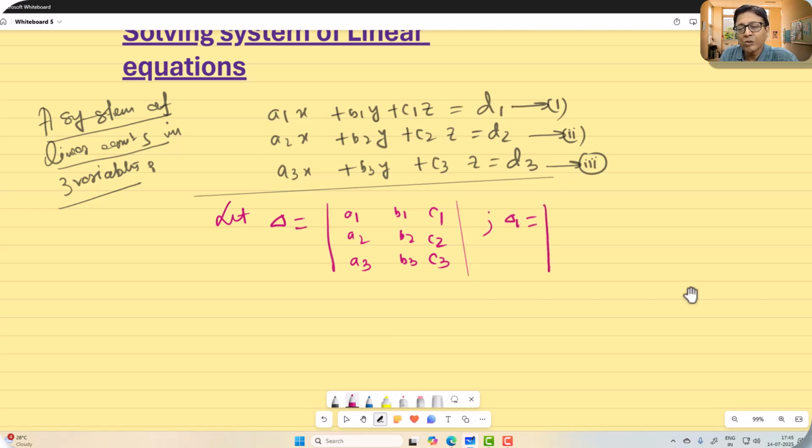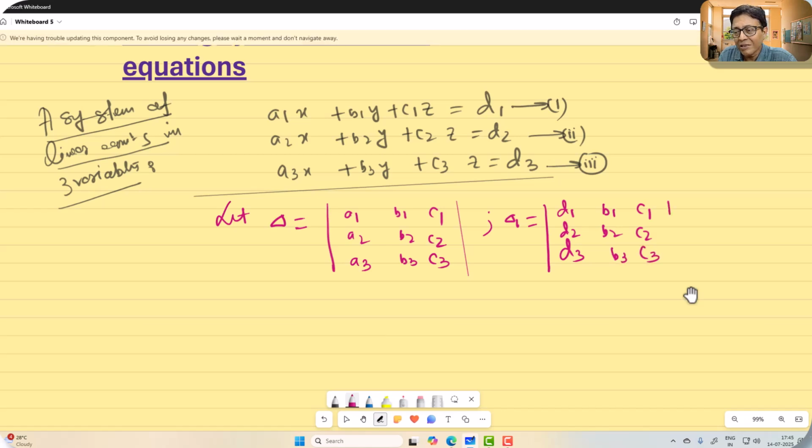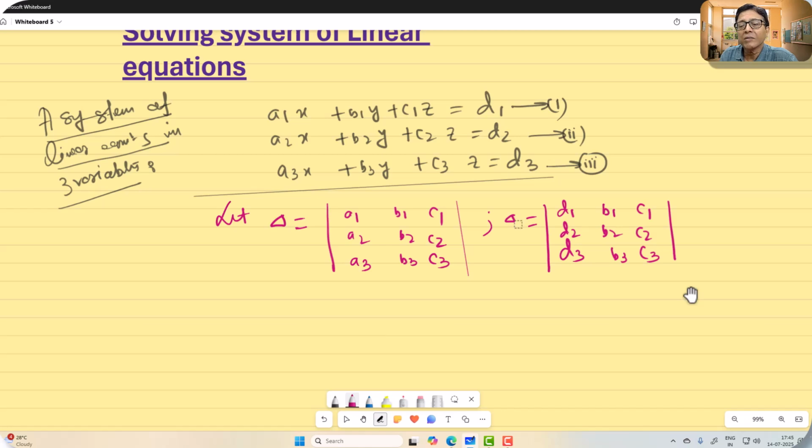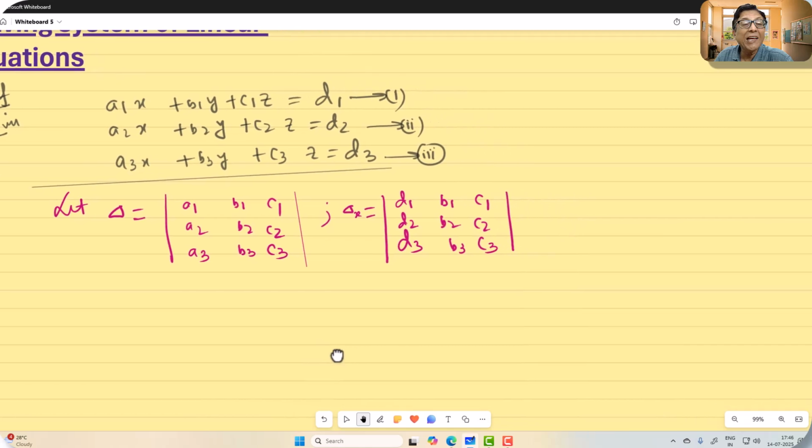Delta 1 equal to, replace the first column by d1, d2, d3, then there will be b1, c1, b2, c2, b3, c3. Instead of delta 1, you take it as delta x, because this determinant is going to be responsible for finding the value of x.